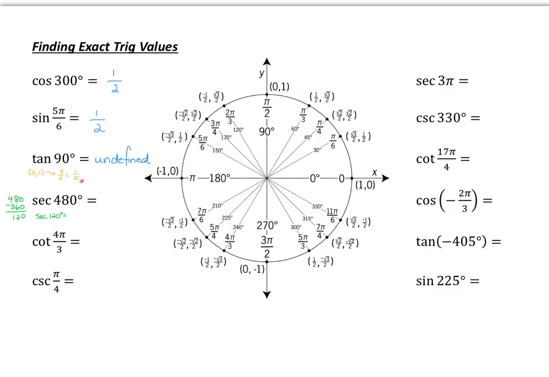And secant is 1 over cosine, or the reciprocal of cosine. So cosine is negative 1/2. I'm going to flip the 120 so that it becomes negative 2 over 1. And so secant of 480 is just going to be negative 2.